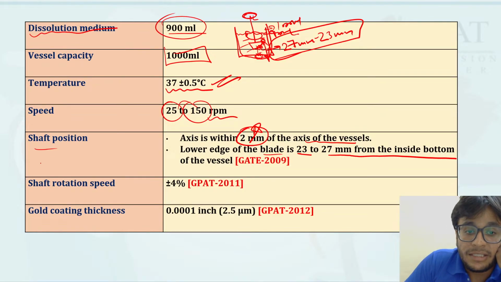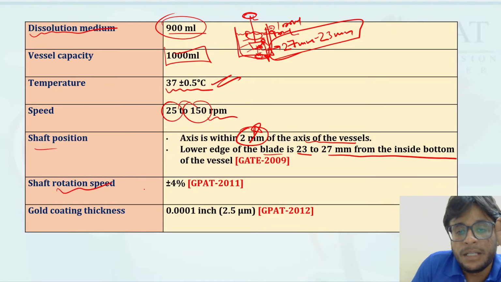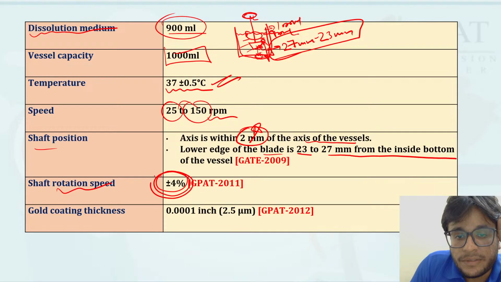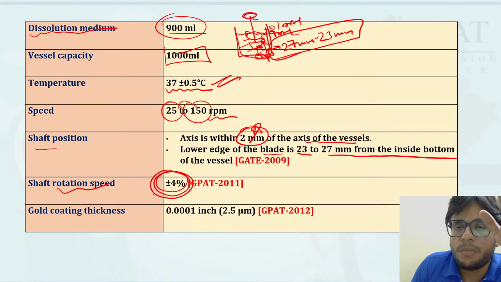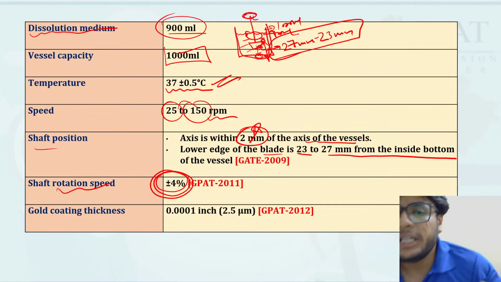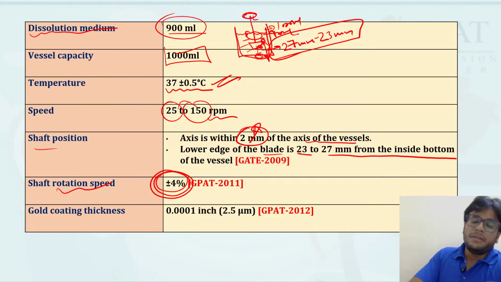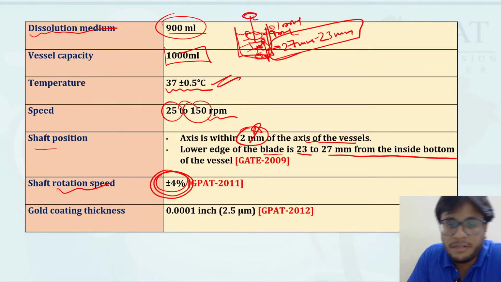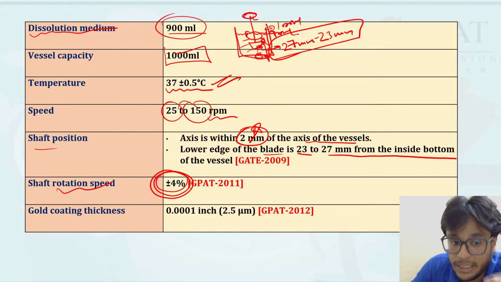Okay, yes, the shaft rotation speed, 25 to 150 RPM, can only vary 4% plus or minus. Either it can be plus 4% or minus 4%. Yes, so we can say, what is 4% of 25 RPM, or 4% of 150 RPM. So very little error is allowed.